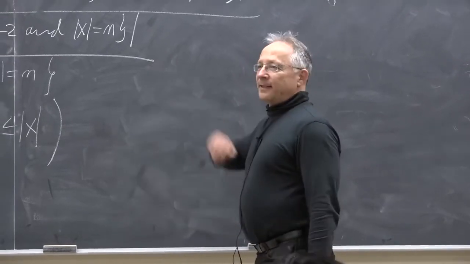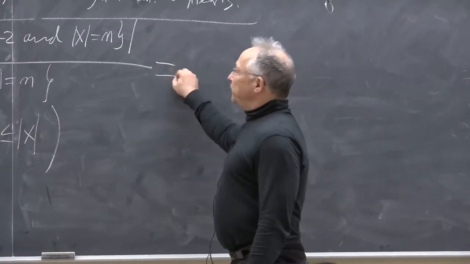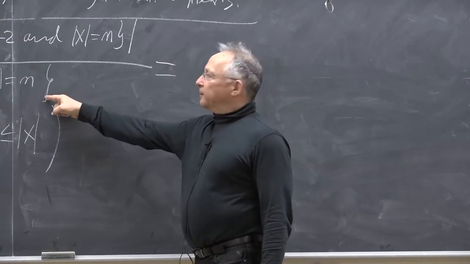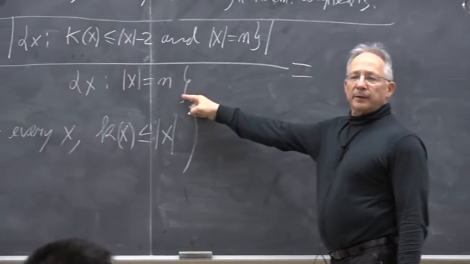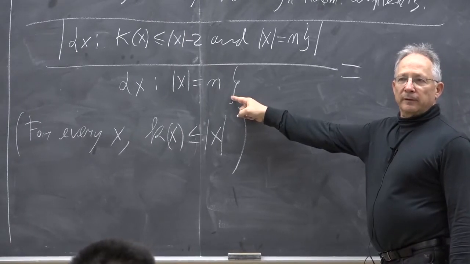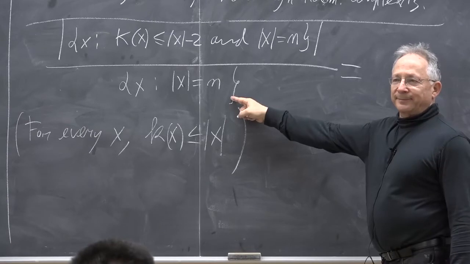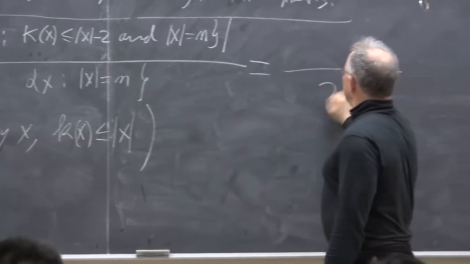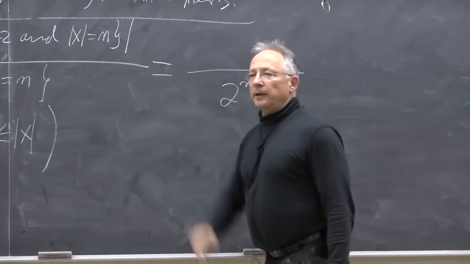Okay, so what I'm saying is the following. We know what is in the bottom line. These are binary strings. So what is this number, the number of all strings of length n? What do I know about how many strings are of length n? 2 to the n. But what do I know about the numerator?